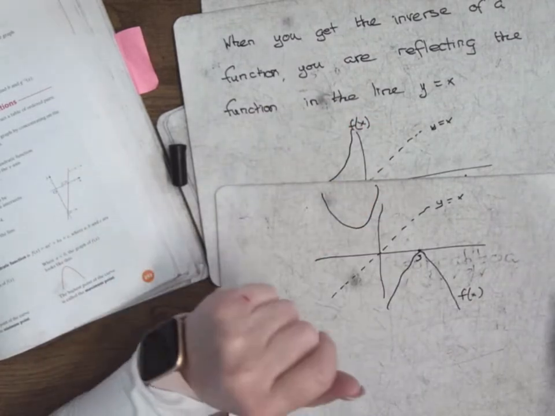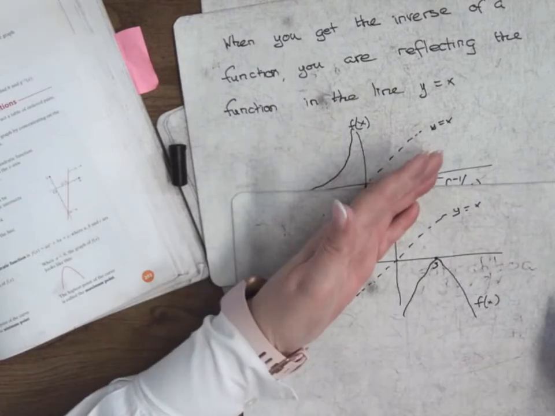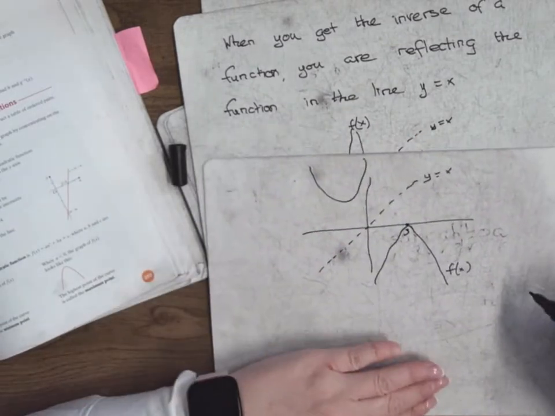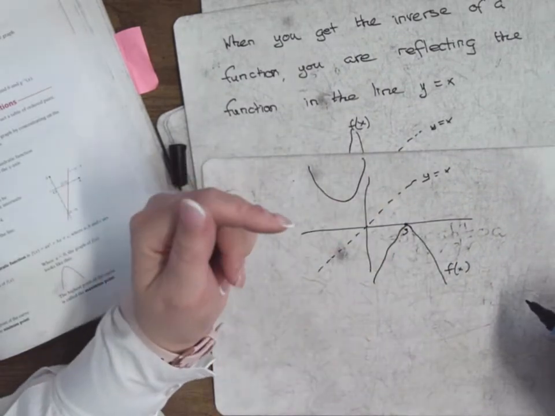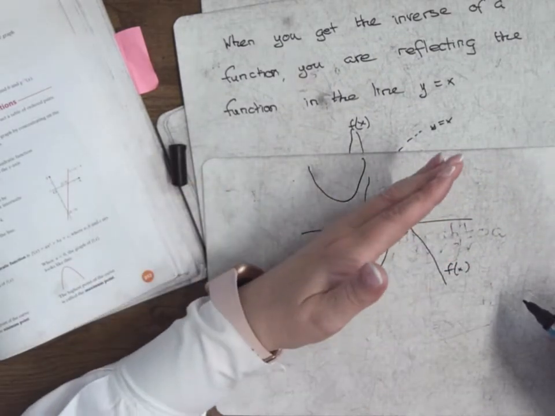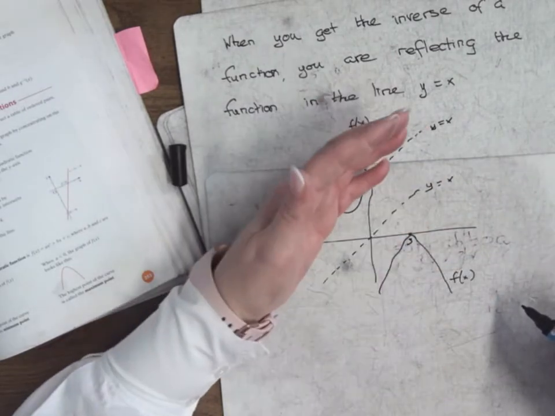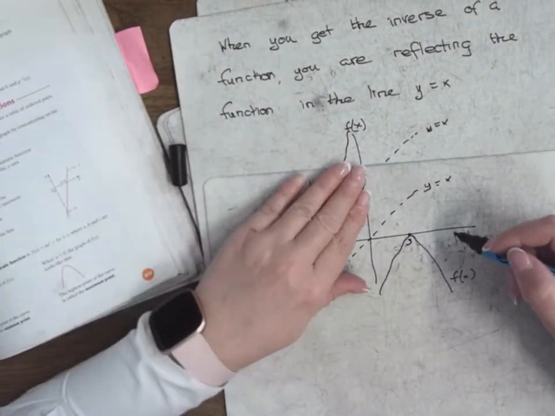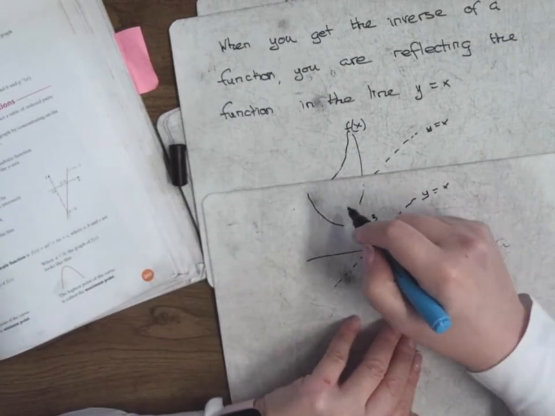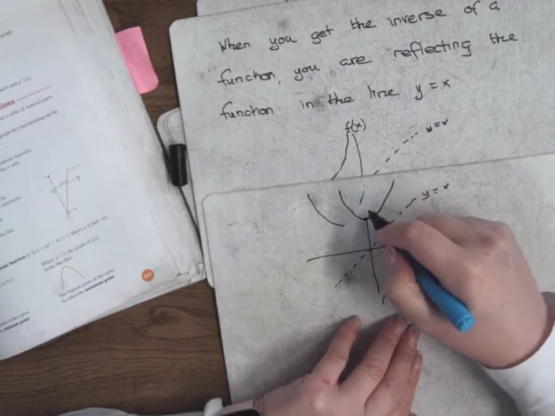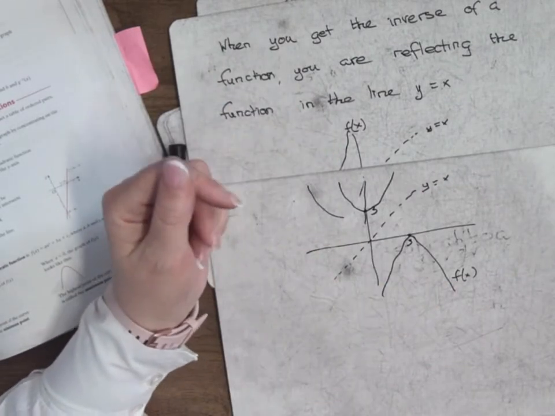I'm trying to figure it out, something like that. It's the image in the line y equals x. Art was never my thing. Do you know what? I think it would actually go through 3 here. So I think it would look something like that. Is that alright? Are we good?